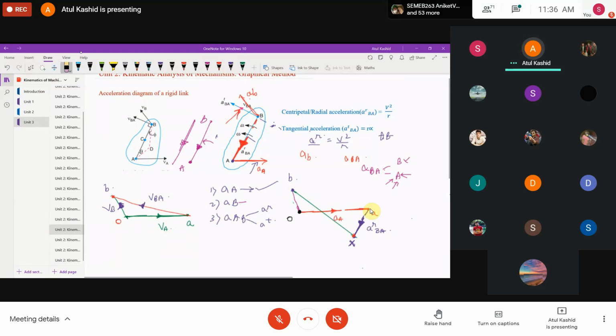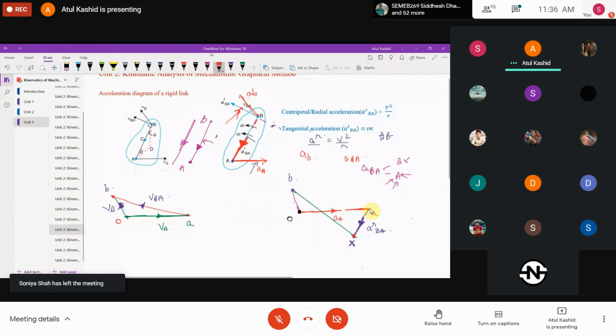So here you can see for link AB, let me erase this portion. I will show you at the center part over here. Right. So now to go from A to B, what path have we followed? Let's see.